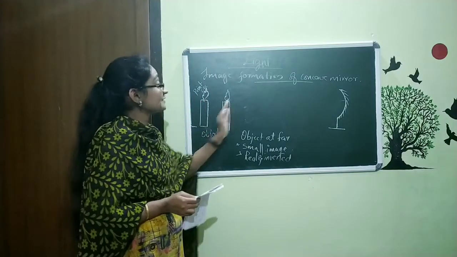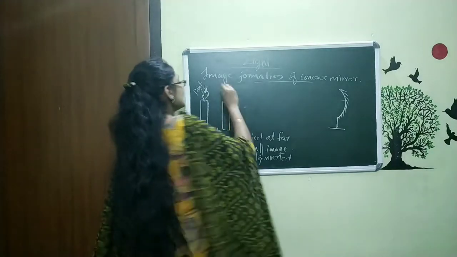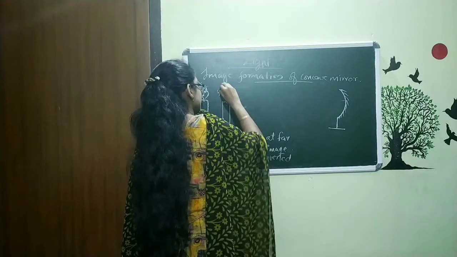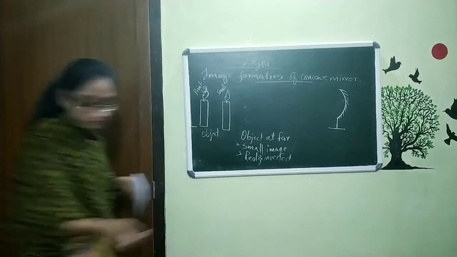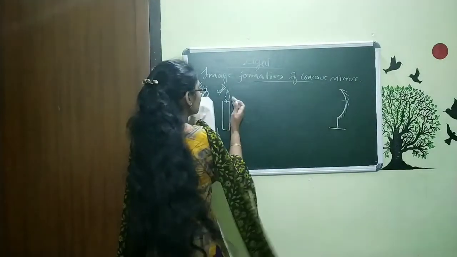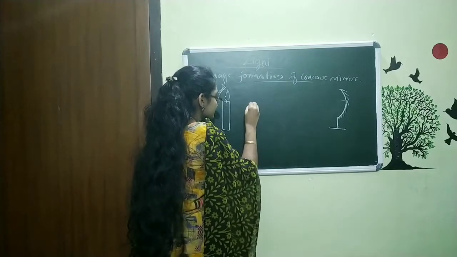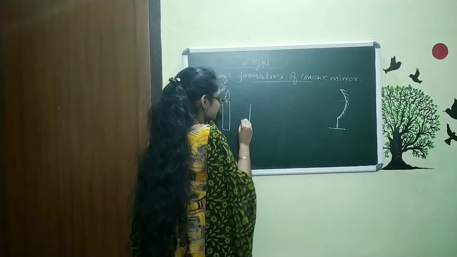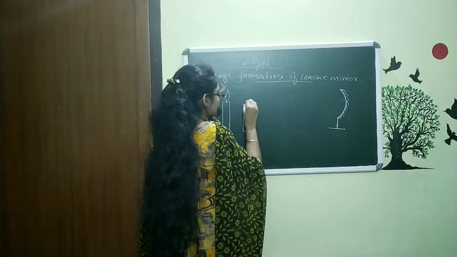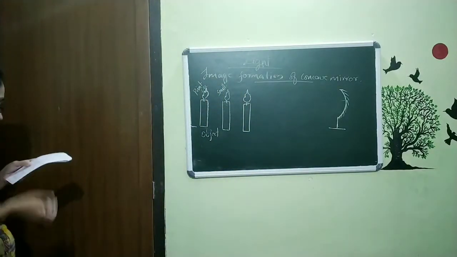Now the third thing: I am again moving this candle to the front. Now here this is small. Now we are going to discuss the third point. Again I am moving this candle from this point to this. Now we want to check what happens.